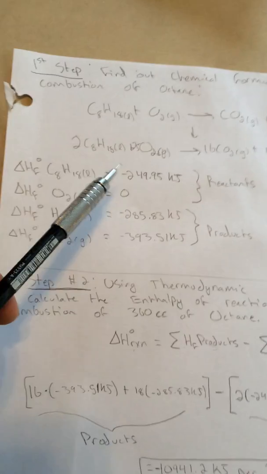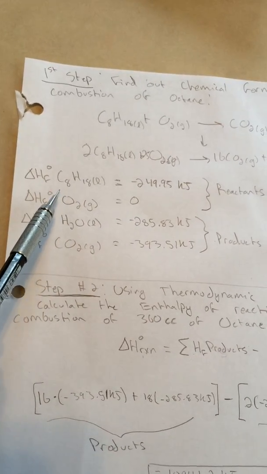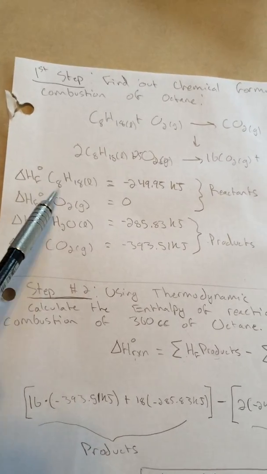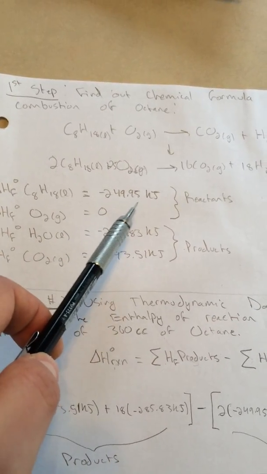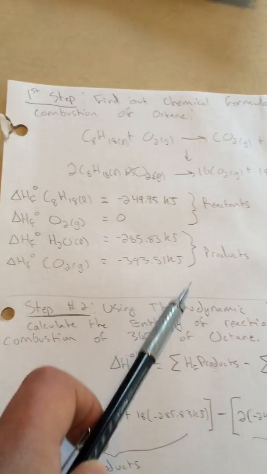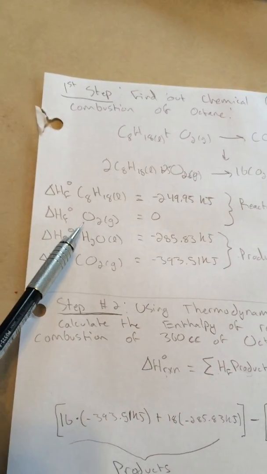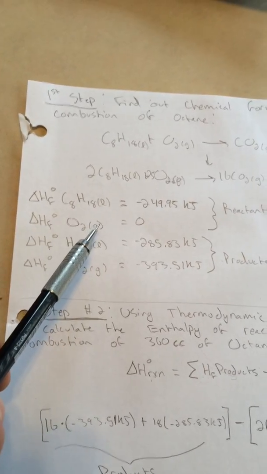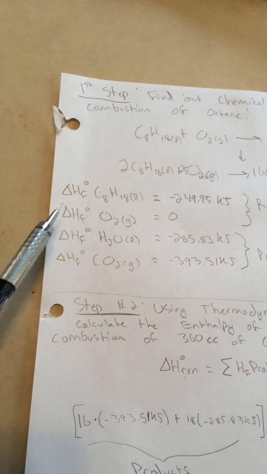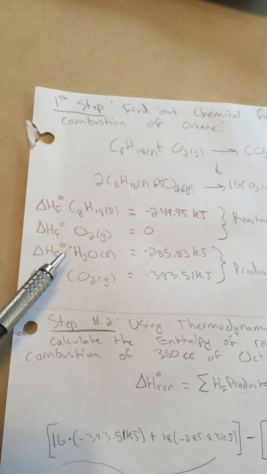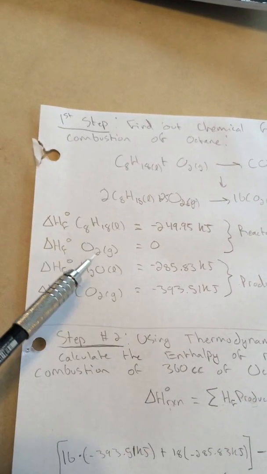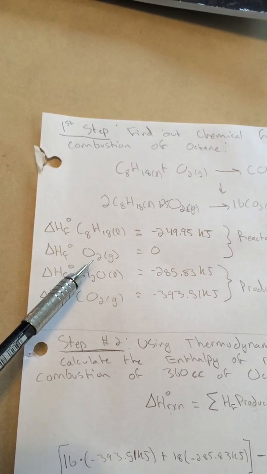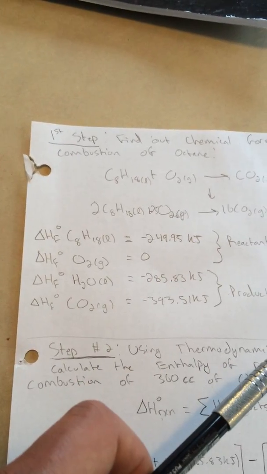We have information that tells us the standard enthalpy of formation for C8H18 as a liquid is negative 249.95 kilojoules. Then we have 0 for O2, because one of the principles of thermodynamics is that elements in their standard state, which is how we usually find them, like oxygen in the world around us, have an enthalpy of formation of 0 at STP.